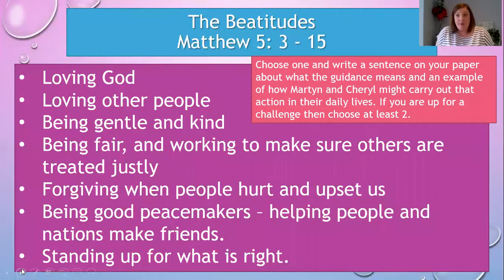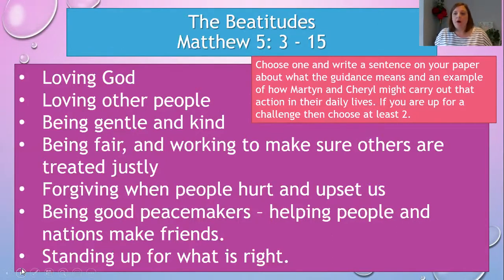So it's from that book, Matthew again, in the latter part of the Bible. Here are some of the things that Jesus tells them that it's really good to do in your life. And it really helps them make decisions, especially when living in a community with others. So we've got loving God, love other people, be gentle and kind, be fair, and work to make sure others are treated justly.